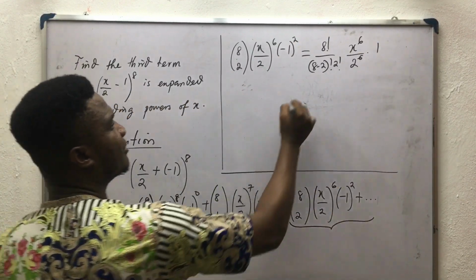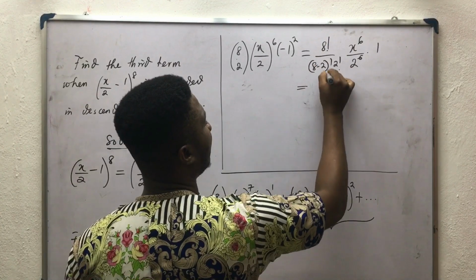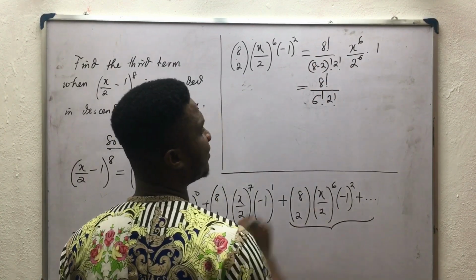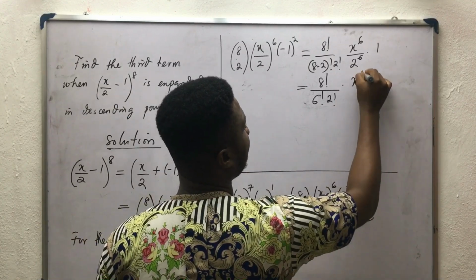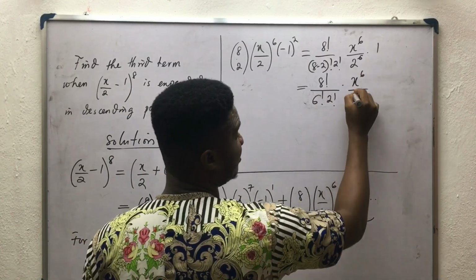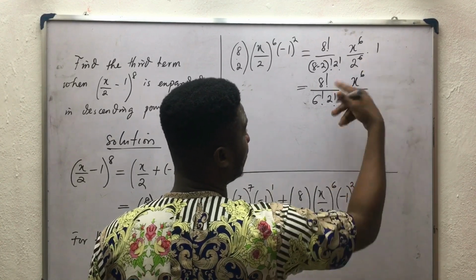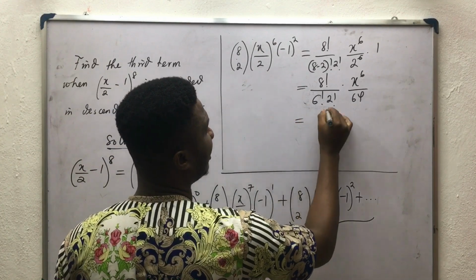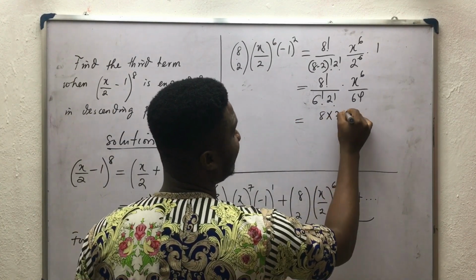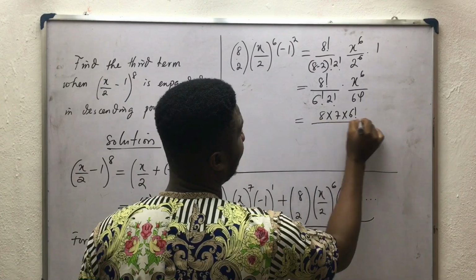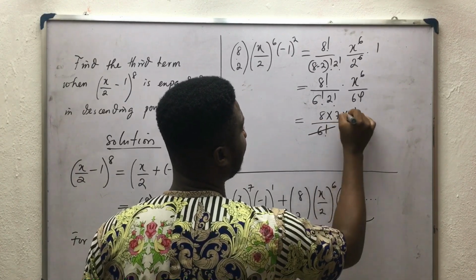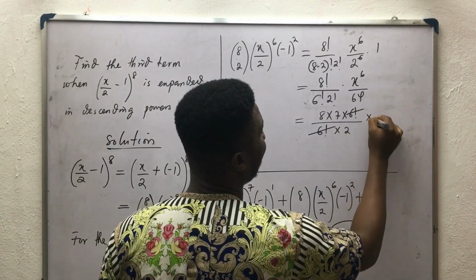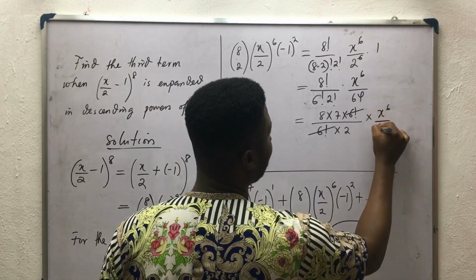Now, 8 factorial over 6 factorial, 2 factorial is what you have here, and this multiplies x raised to the power 6 all over 2 raised to the power 6, which is 64, times 1 returns the same thing. So I will do this finally: 8 factorial is 8 times 7 times 6 factorial all over 6 factorial, and this would cancel this, times 2 factorial, which is 2, times x raised to the power 6 all over 64.